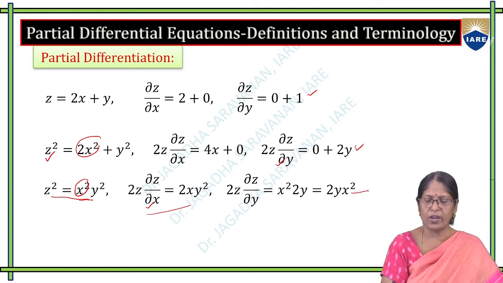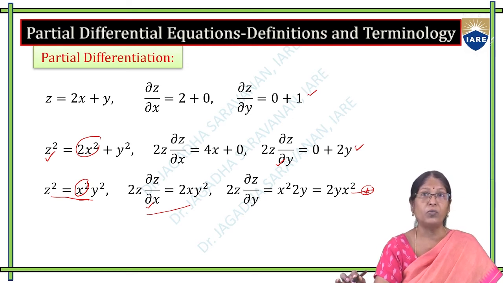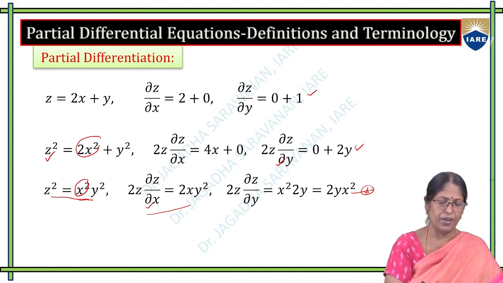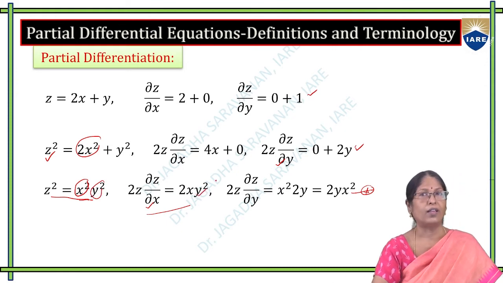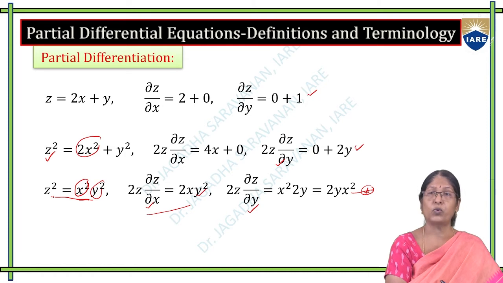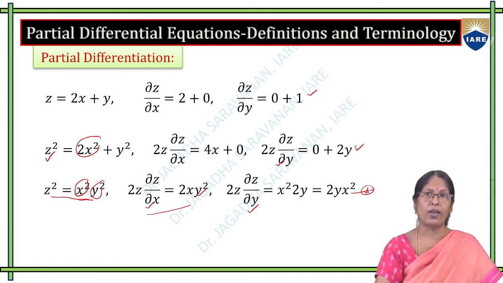This is a very, very important point in partial differentiation terminology. That is the reason y square is written as it is. Now, coming to with respect to y, so z square, 2z dou z by dou y.